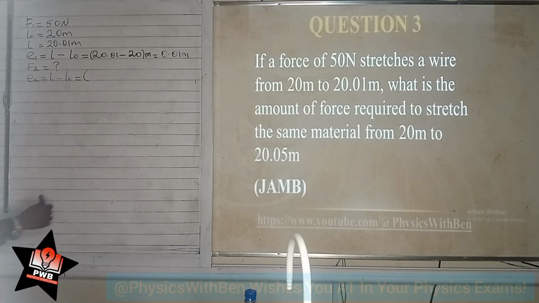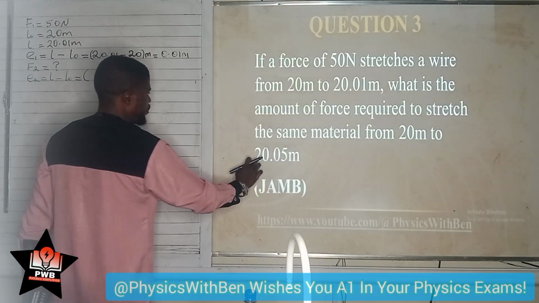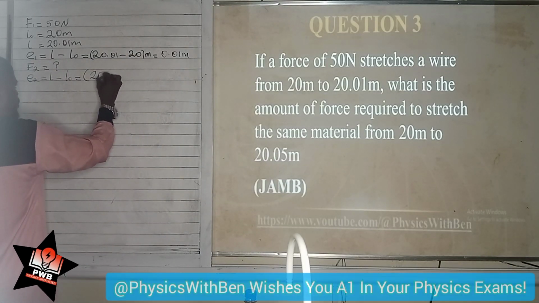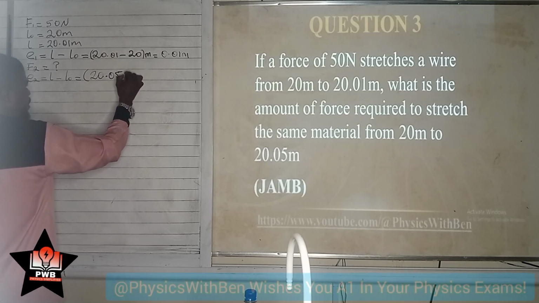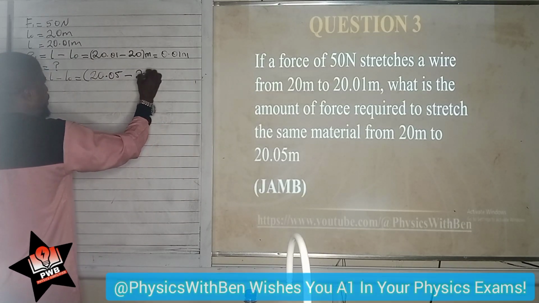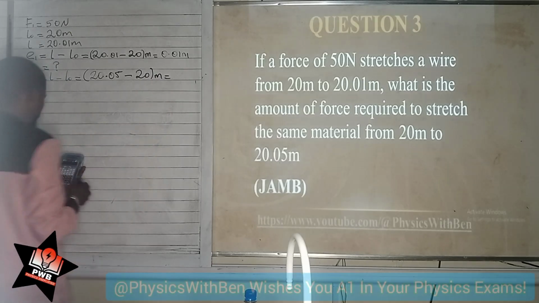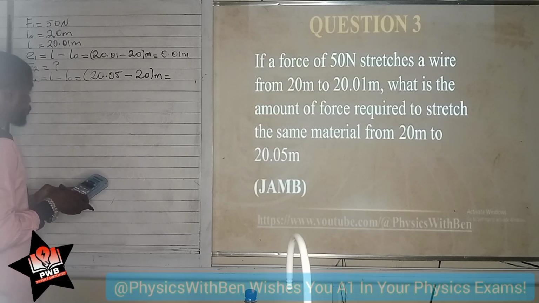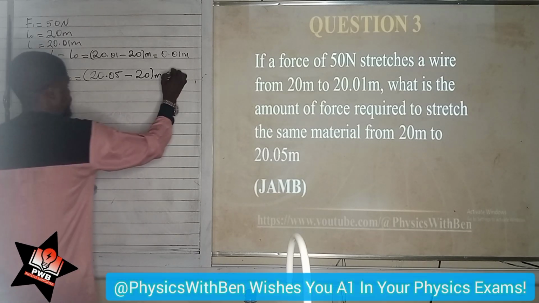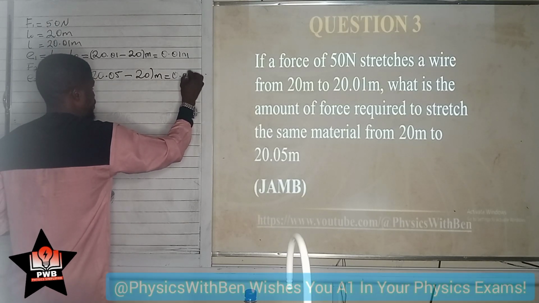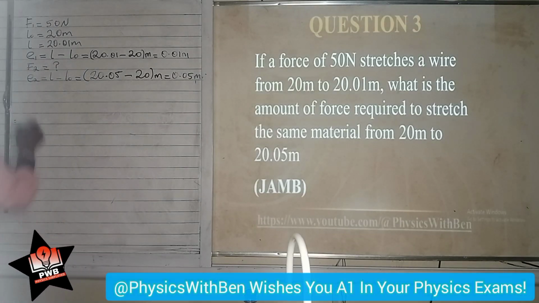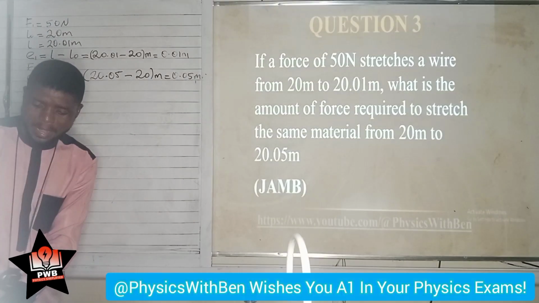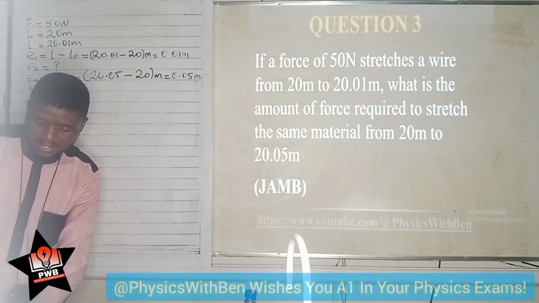In this case, this is 20.05 meters minus 20 meters. So our E2 is going to be 20.05 minus 20. That will give us 0.05 meters.